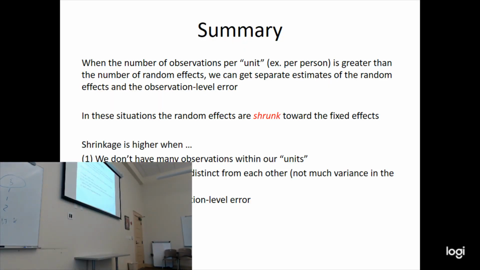In general, you have more shrinkage when you have not very many observations per unit, so only 4 grants reviewed versus 1. Also if the units are not very distinct from each other, so the reviewers all give about the same score, it doesn't make sense to look at how one reviewer's scores are different from other reviewers. Or when you have a lot of observation level error. So that being said, it probably makes sense to treat each point as separate.